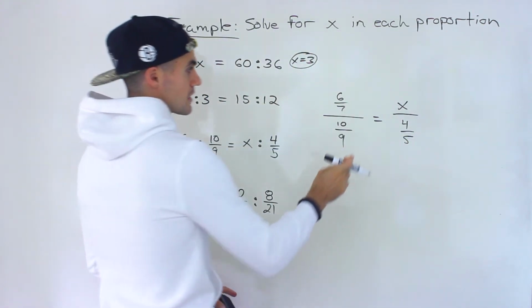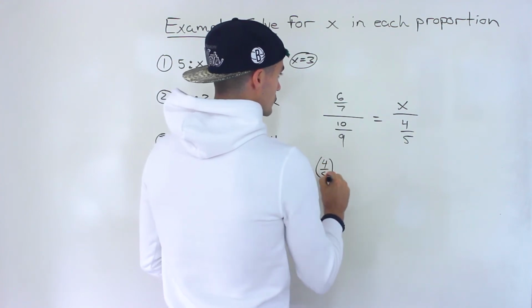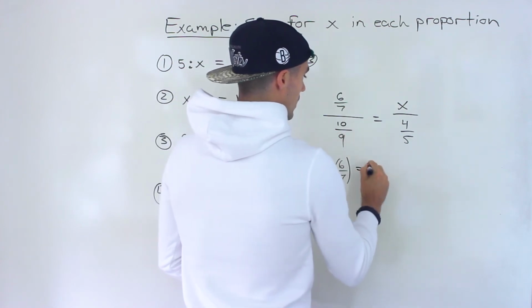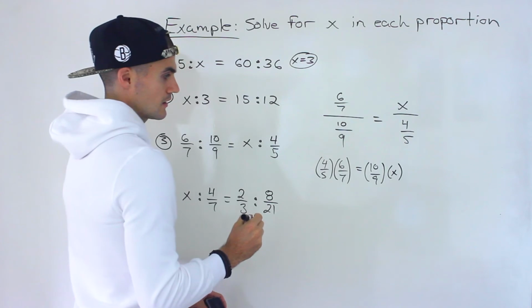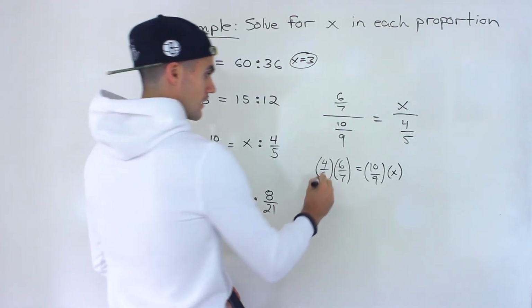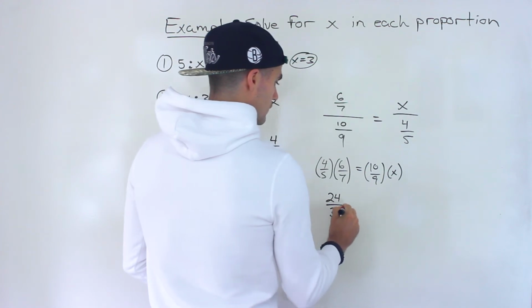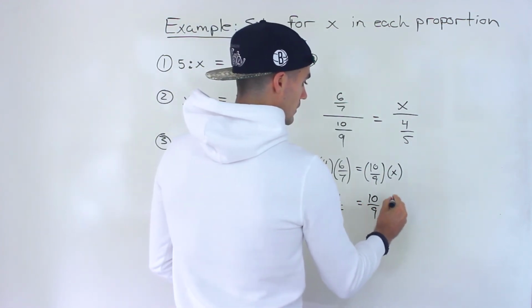Then from here, same thing. So we'd cross multiply, so we'd have 4 over 5 times 6 over 7, and then we'd have 10 over 9 times x, like that. And so multiplying these out, we'd end up with 24 over 35 equals 10 over 9 x.